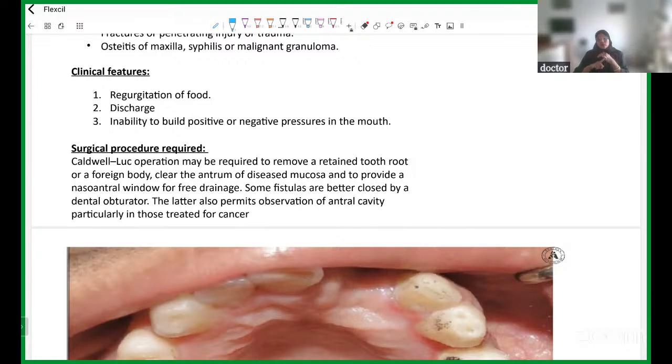So you have to make sure that you treat the maxillary sinus by giving them repeated irrigations and antibiotics. After that, you track the fistula, the squamous lined fistula, you excise it, you see the bone edges of the fistula, and if it is eroded, you smoothen it and you prepare the flaps to sit properly on that bone. Okay, some procedures might require a Caldwell-Luc operation to remove the retained tooth or any foreign body, if any.